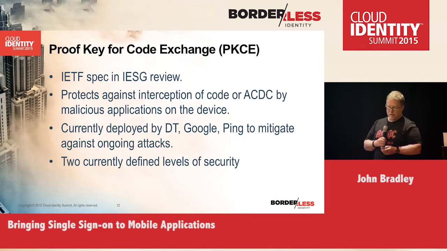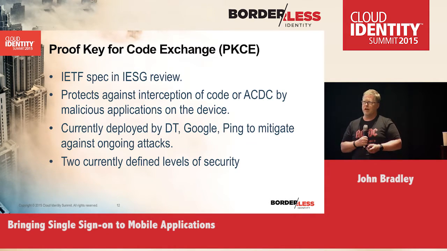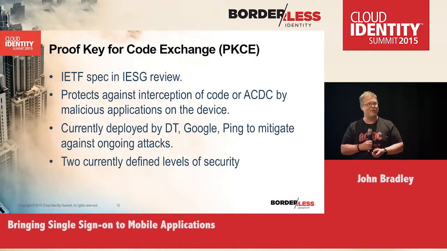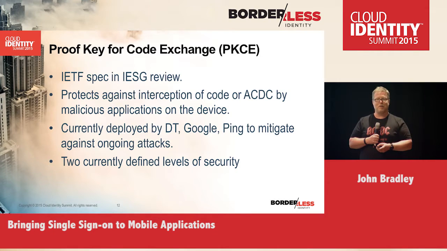So it protects against the malicious interception of the code, both on the wire and on the device. There was an attack that Google discovered against themselves, which is one of the reasons why they have this in production. Eric Sachs may be killing me later, but people were putting up apps, the I'm a cute fuzzy kitten fart button apps or whatever people were downloading.